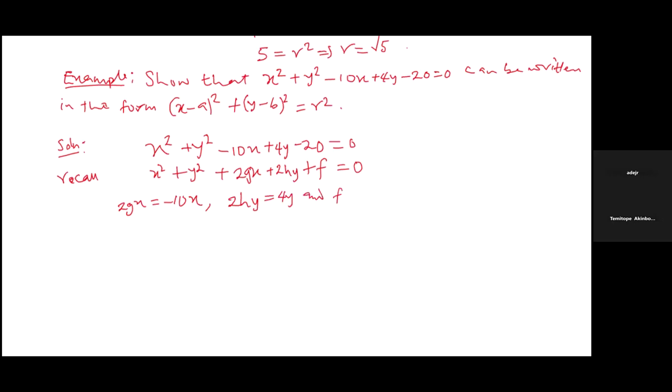So from the first entity here, I can find g. From the second entity, I will find h. And from f, I will determine r. So let's get g. This x will cancel out. So g will now be minus 10 over 2, which is minus 5. Am I communicating?